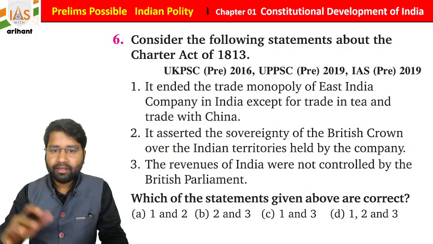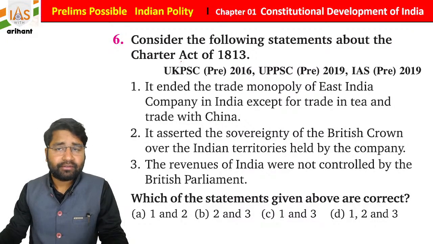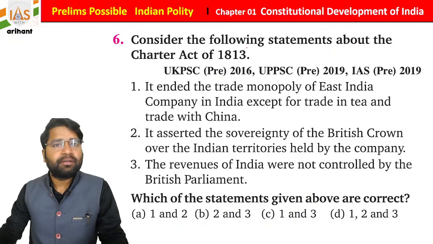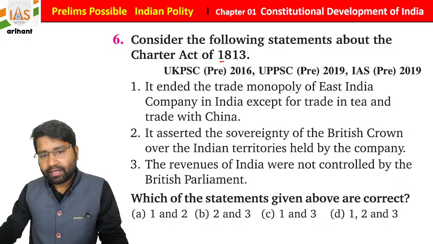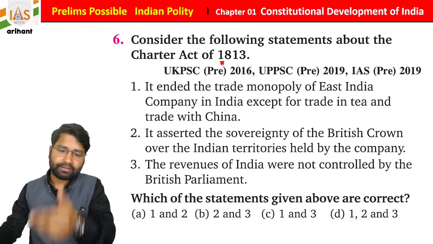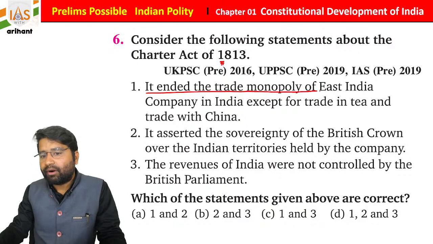You are doing well. Now we are moving towards the next question that was asked in the UPPCS as well as UPSC and UKPSC. Consider the following statements about the Charter Act 1813. It ended the trade monopoly of East India Company in India except for trade in tea and trade with China.